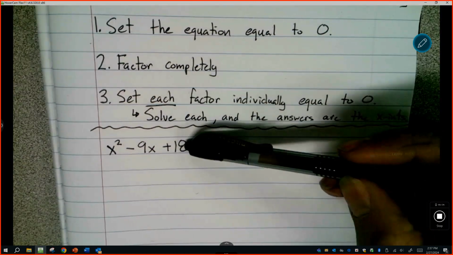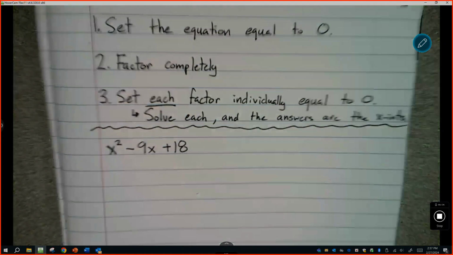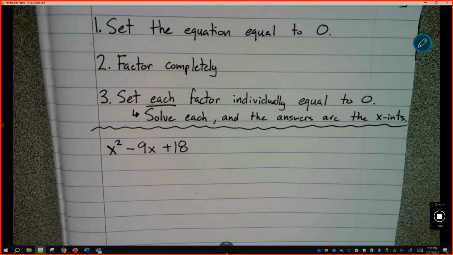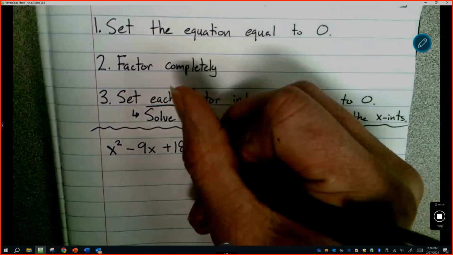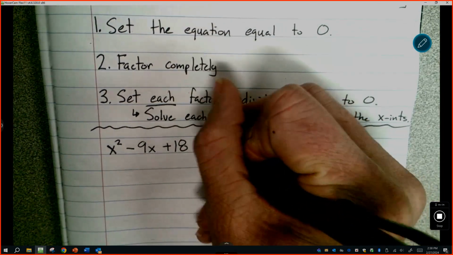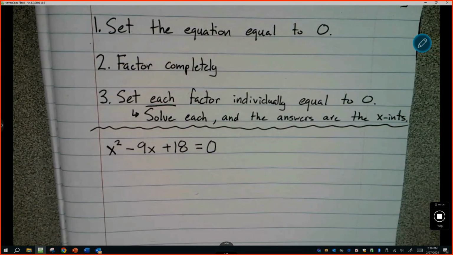Sometimes they're going to give you equations or expressions like this, where they're already set up in a way where you know it's a quadratic equation. You just need to put equals 0. So in this case, I'm just going to put equals 0 here, because that's our first step, just to make sure it's equal to 0.